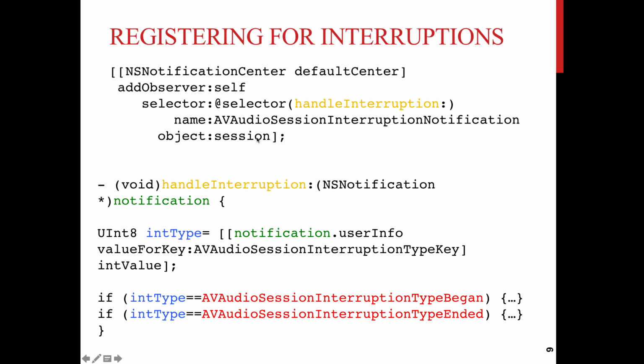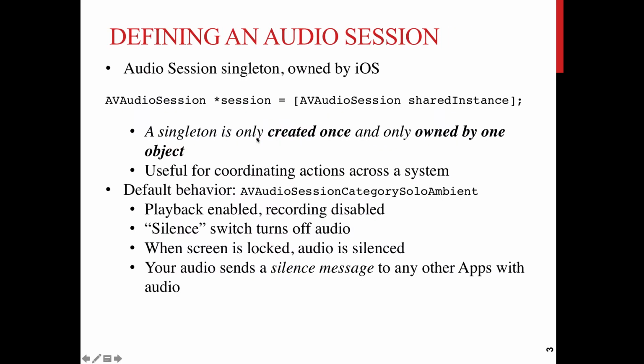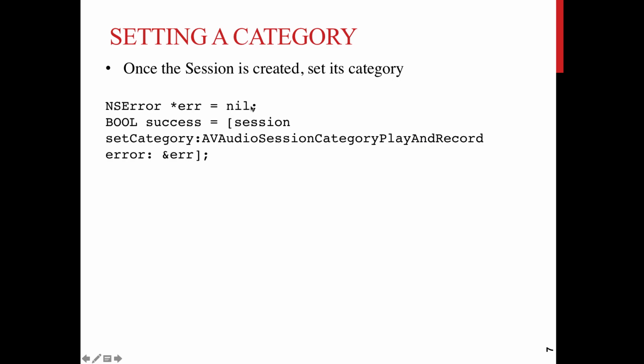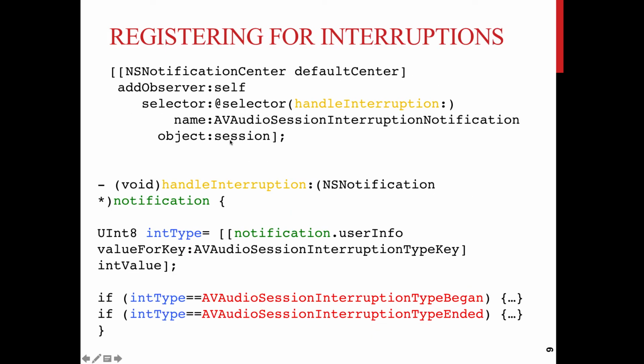Right back here, we already have a copy of session, so we're just passing that in as the object making the call. So if the AVAudioSession is about to notify you that an interruption is about to happen, then it will call handle interruption. So we should fill that out.